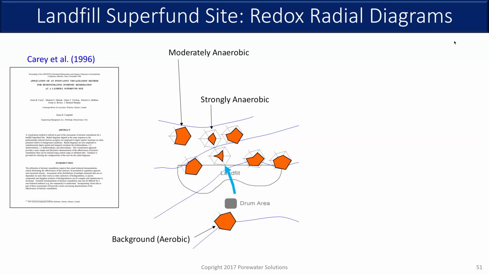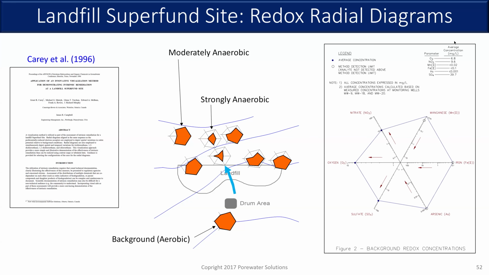Groundwater moved through the drum area, probably stimulated natural degradation of whatever organic chemicals had gotten into the aquifer. And we're seeing the effects of that with really strong anaerobic conditions downgradient of the drum area. And downgradient of the rest of the municipal landfill, we've got moderately anaerobic conditions because of leachate vertical migration from this unlined landfill. So very quickly, we can see where we've got aerobic, strongly anaerobic, and moderately anaerobic conditions.